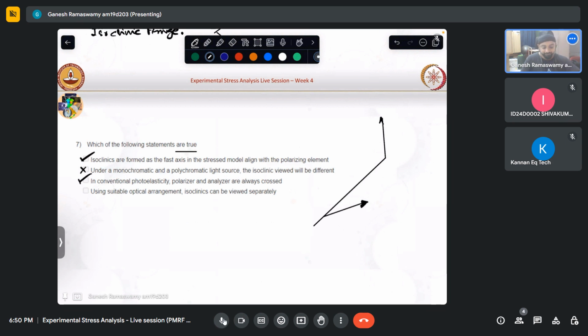In such a case, if I don't keep it crossed, wherever the fast axis is aligned with the model's fast axis, the light will pass and it will not get fully cut. Some component of the light will still pass, and I'll be able to see some grayscale fringes. It won't be a perfectly dark fringe. So in that case, I will not be able to distinguish and identify between them. So that is why these are kept crossed.